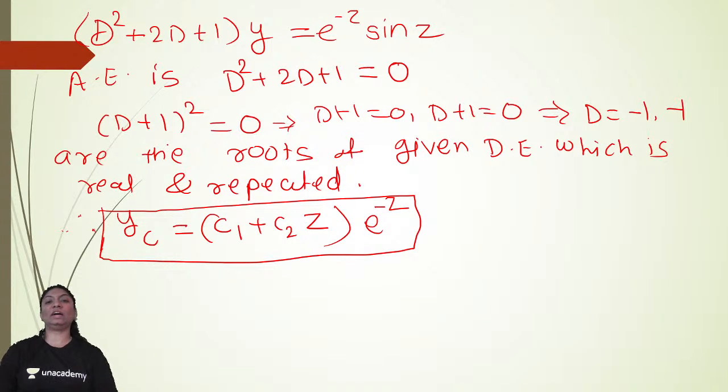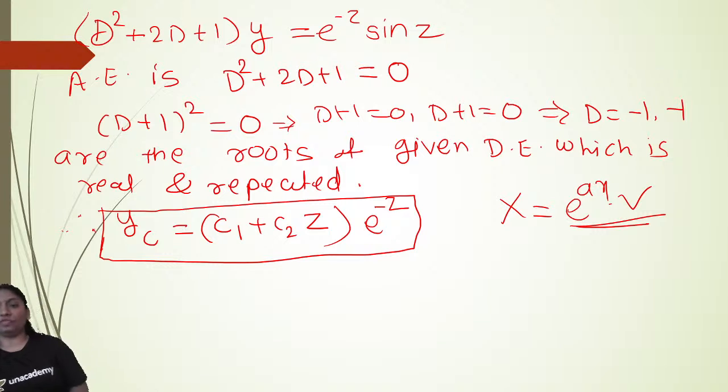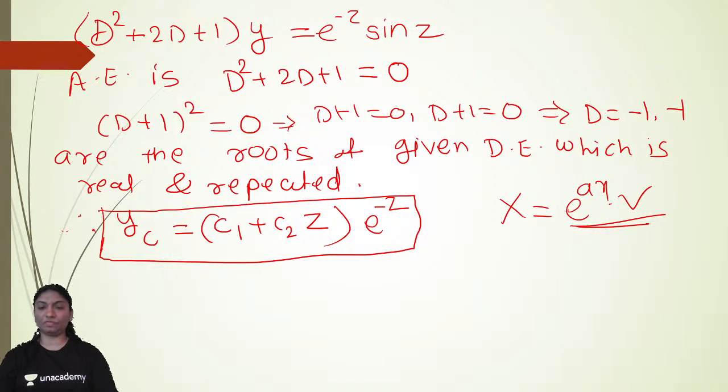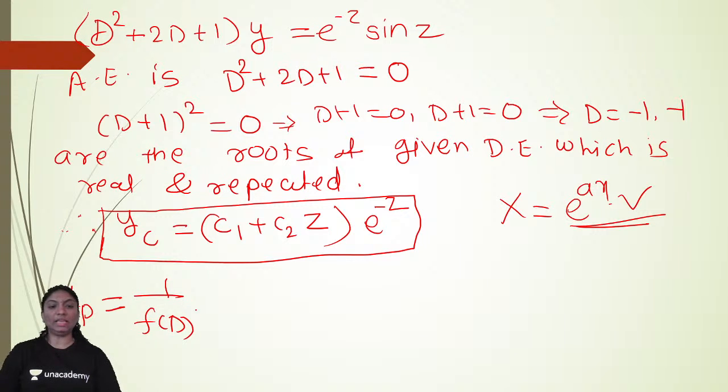Now we will find the particular solution. Yesterday we have seen the rule for how to find the solution for the given differential equation if x is equal to e raised to ax into v. Whenever there is e raised to ax into v, then yp is equal to 1 upon f of d into x.